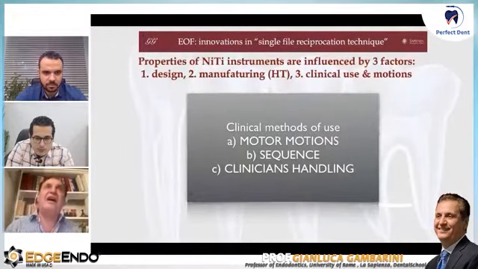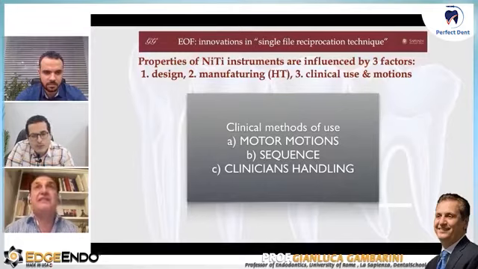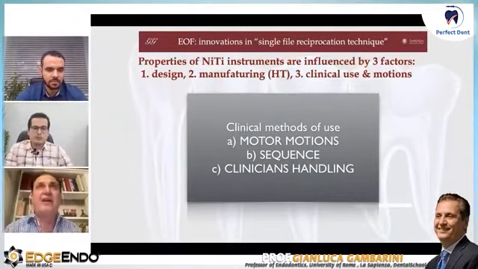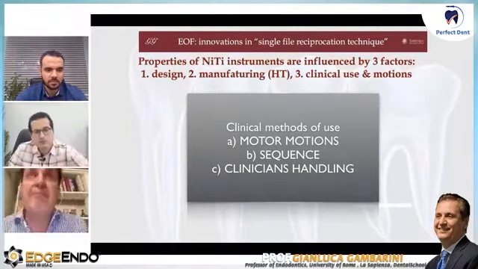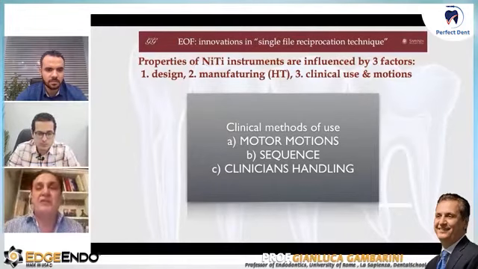So the very important thing when we deal with the instrument is obviously the design, the manufacturing, the heat treatment. And I spoke last time about the importance of the EdgeEndo FireWire heat treatment that makes the instrument the most flexible and the most resistant on the market. But very, very important is also the clinical use, the motions, and the strategy.